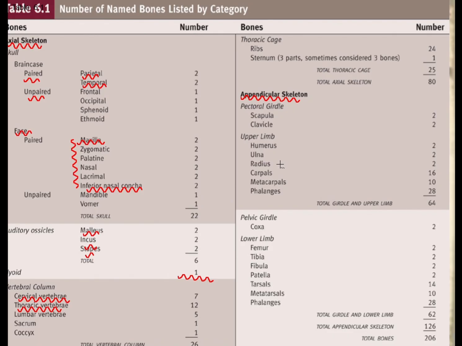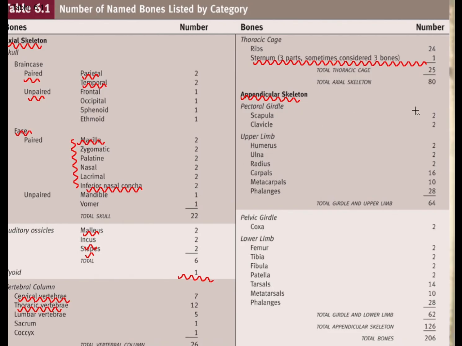Next we have the thoracic cage. We have ribs and sternum. The ribs and sternum are total 24 plus 1, equal to 25 in number. Ribs are 24 in number, and the sternum has 3 parts, sometimes considered 3 bones, but this is 1 bone. So the total thoracic cage is 25.